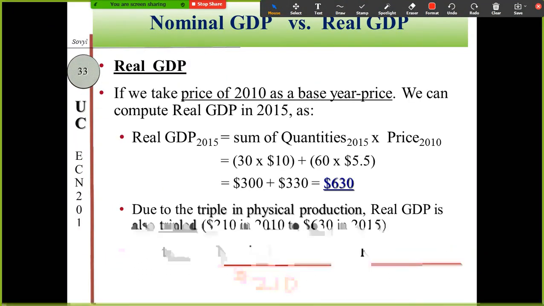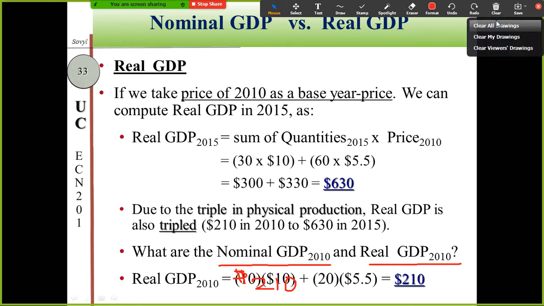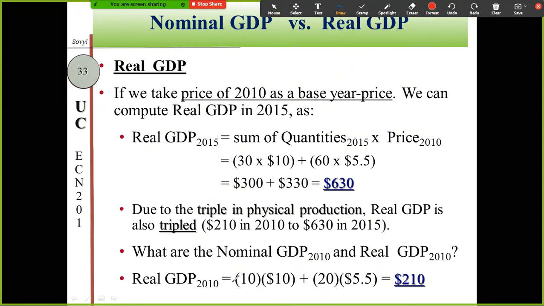How about real GDP 2010? Real GDP 2010 is also 210. Why? Because this is quantity 2010, this is price base year. But 2010 is the base year, that's why price base year and price 2010 are the same.